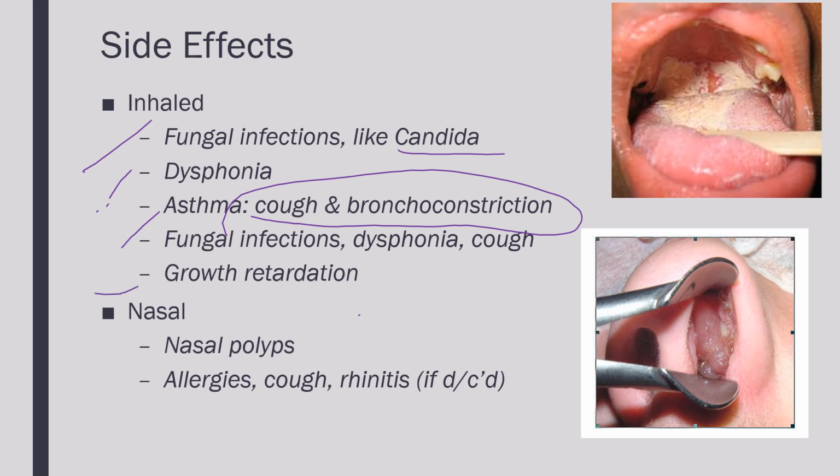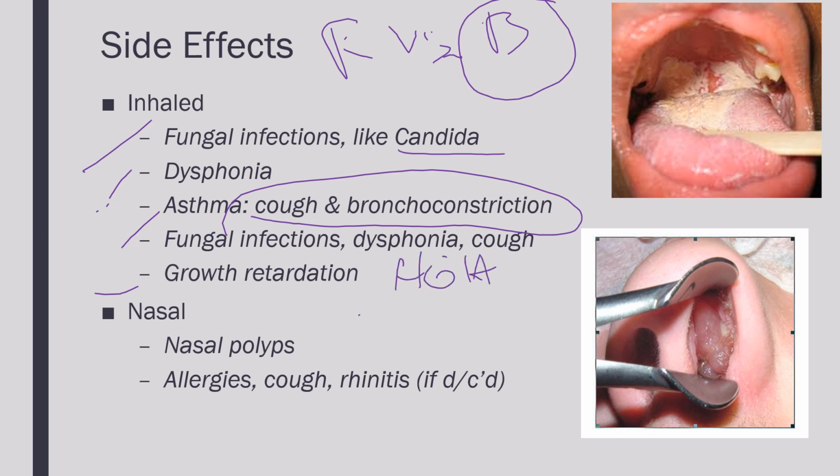But understand with all of these, we're looking at that risk versus benefit ratio. If there's more benefits to doing it, are there things we can do with growth retardation or growth restriction? Absolutely. We can do HGH, human growth hormone, right? For good things.